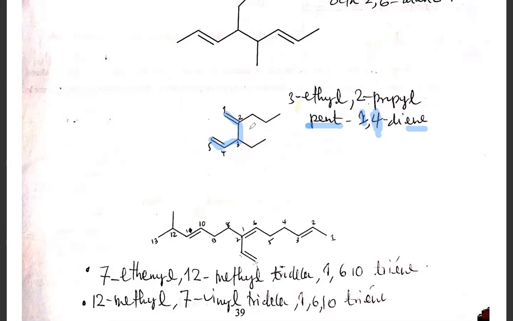Then you come to the long chain alkyls. Yeah. So for now, we are not looking at alcyls. We are looking at alkenes. So this is the position, that is position number 1 and position number 4.